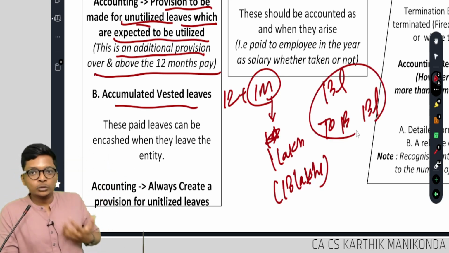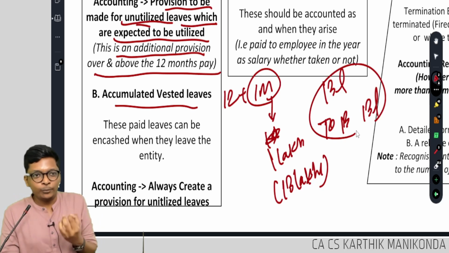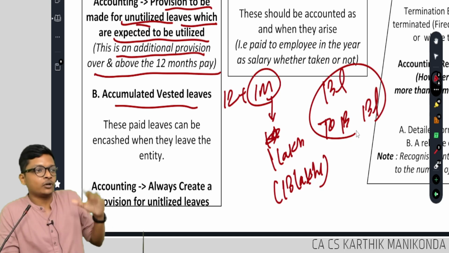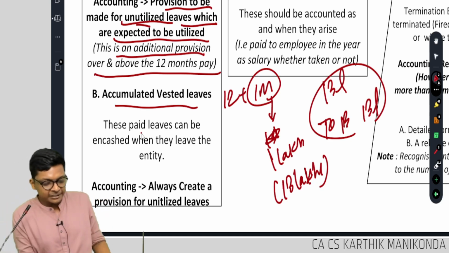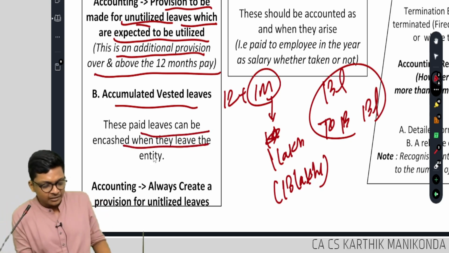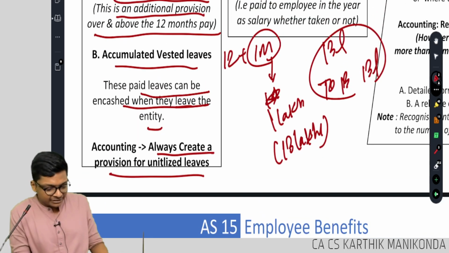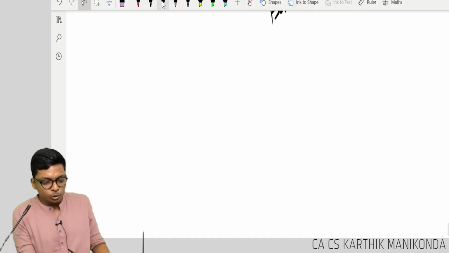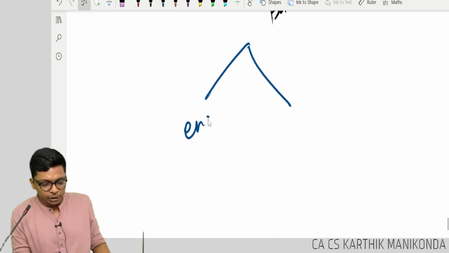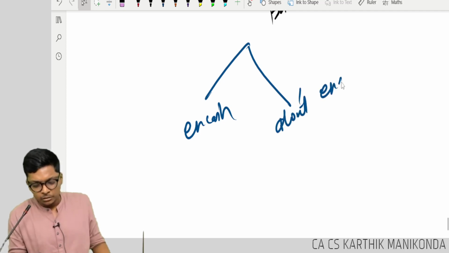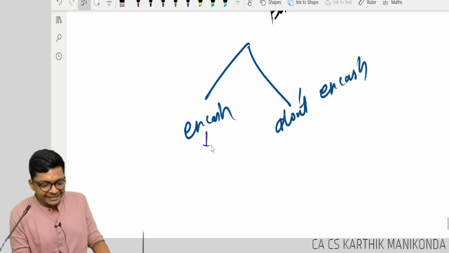Why? You tell me, guys. Common sense. If you are an employee, will you encash or carry forward? Encash. These paid leaves can be encashed when they leave the entity. Always create a provision for unutilized leaves. That means at the end of the year, two things can happen, guys. Either you encash or some people don't encash. If encashed, it's easy.